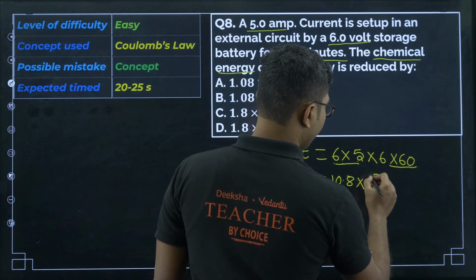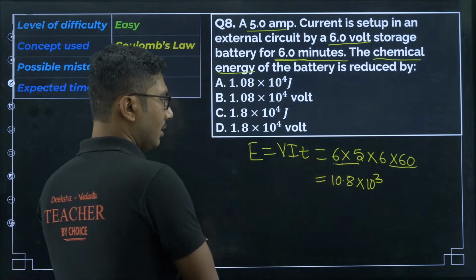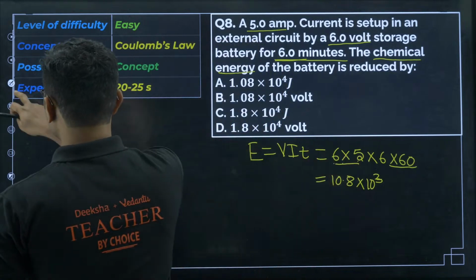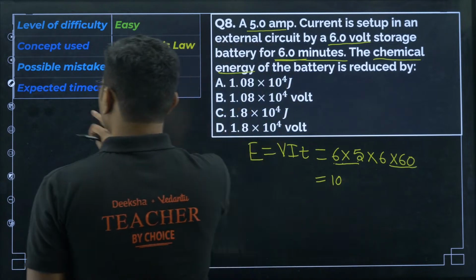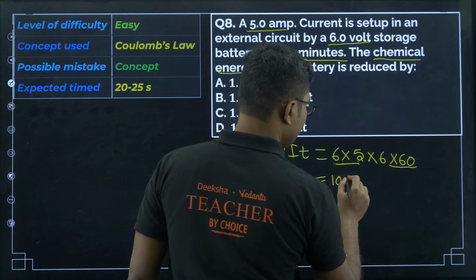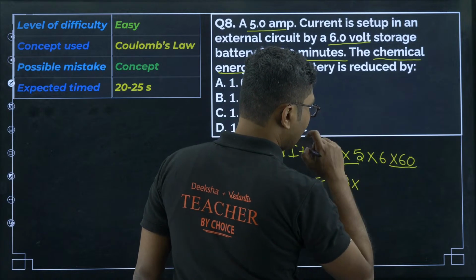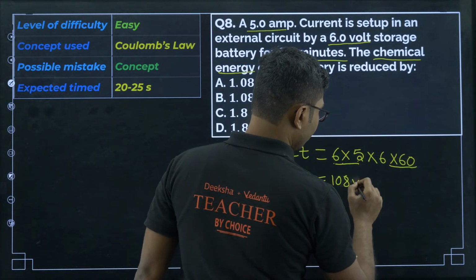Okay, we have also 30 into 36 is 108, and there will be an extra 0.